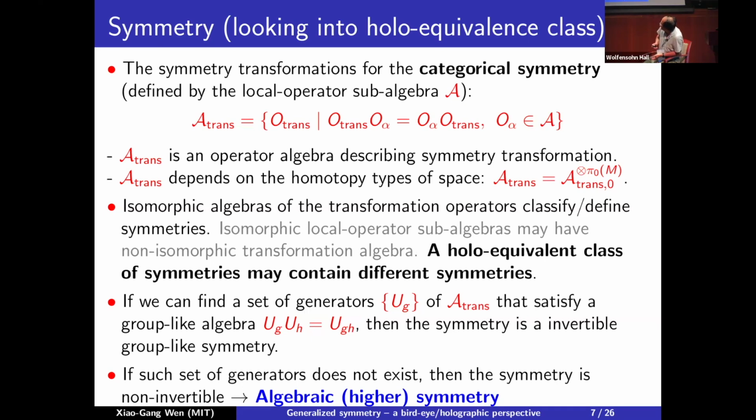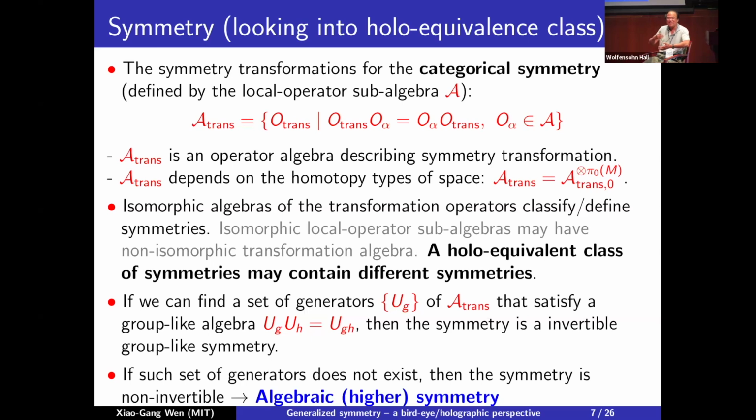Okay. And so from this operator algebra point of view, we can define what is an invertible symmetry and what is a non-invertible symmetry. Basically, if you can find a set of generators of this operator algebra, kind of like group generators, like group permutations, then we say this is an invertible symmetry.